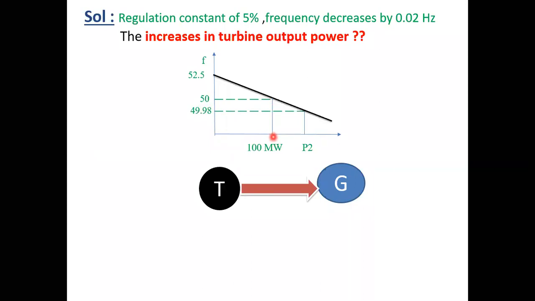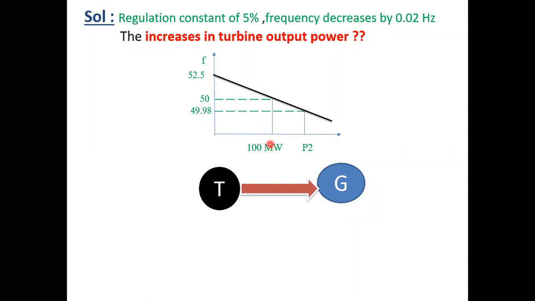And what they are asking: when the frequency decreases by 0.02, that is, it comes from 50 to 49.98, what is the power value? That is P2. Once you find the P2 value, whatever the difference is between P2 and 100 megawatts, that is the increased power on the turbine side.